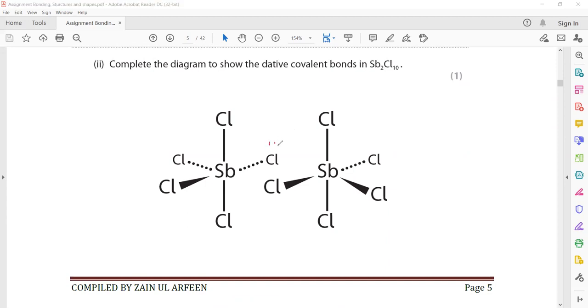So we draw the arrow from the chlorine which shared both of its lone pair electrons. So there will be two dative bonds, and that is between Sb and the lone pair of Cl. Is it clear?